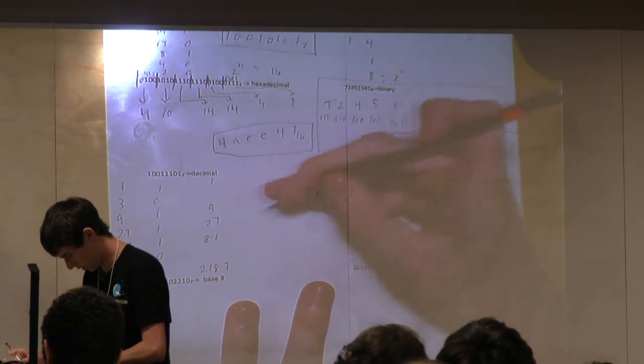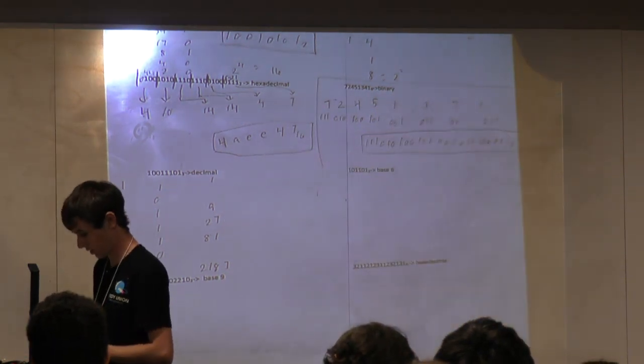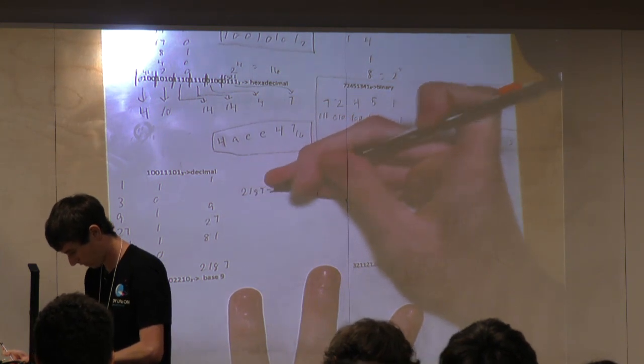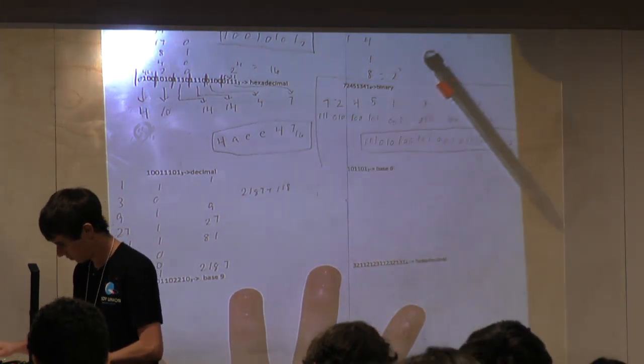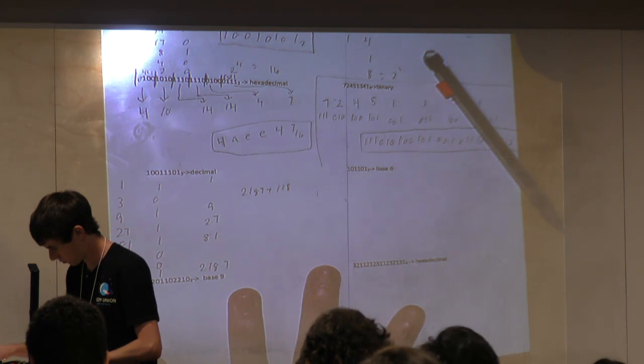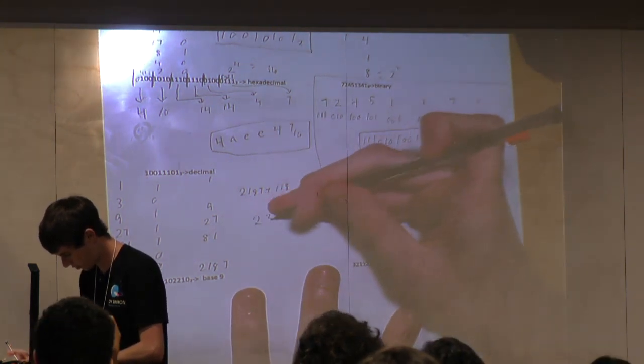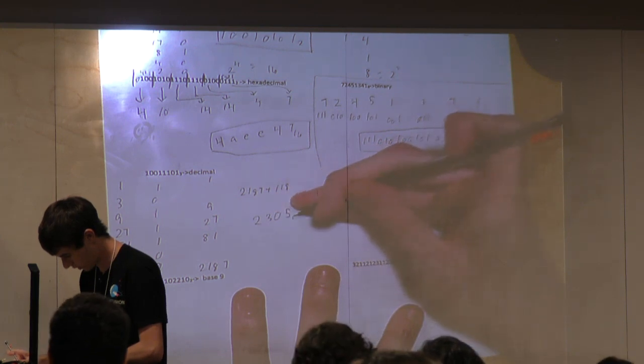So 81 plus 27 plus 9 plus 1 is 118. 118 plus that is, let's see, 2308, or 2305, excuse me. And that's in base 10.